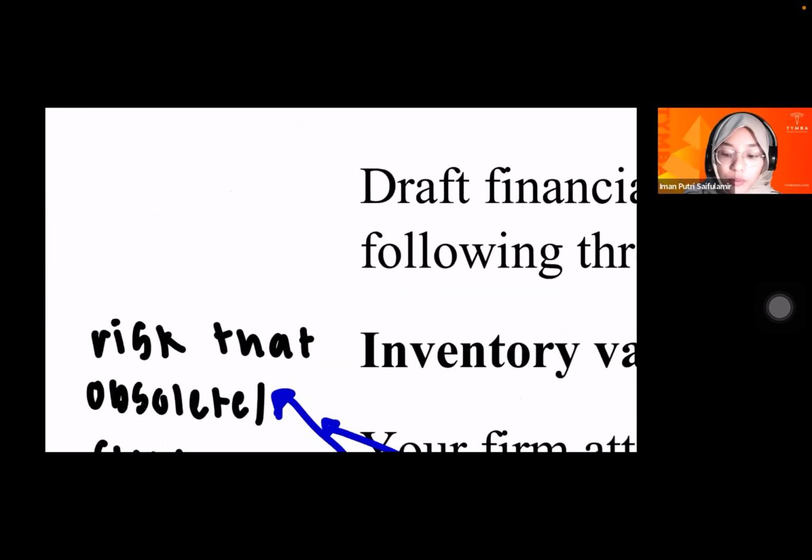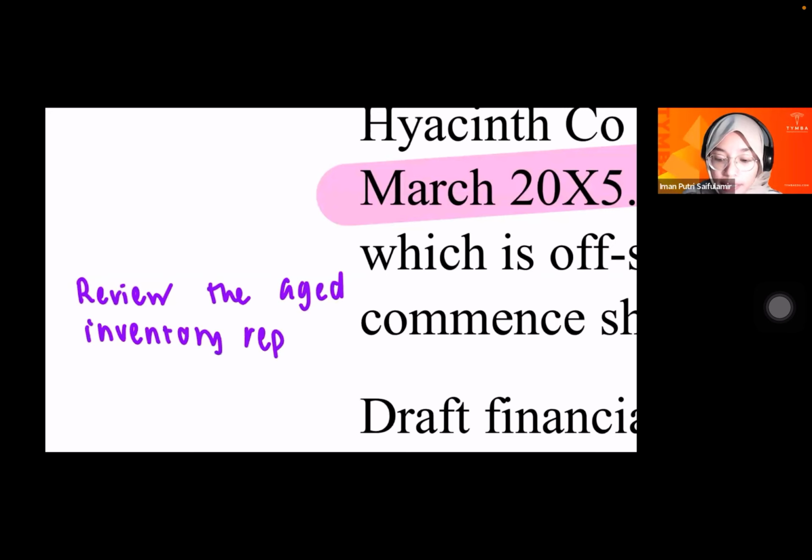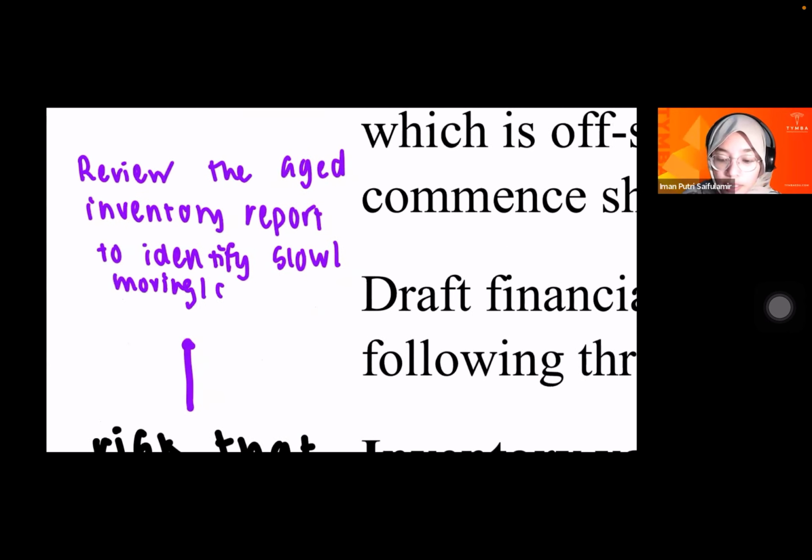We will review the aged inventory report to identify slow-moving or obsolete inventory.